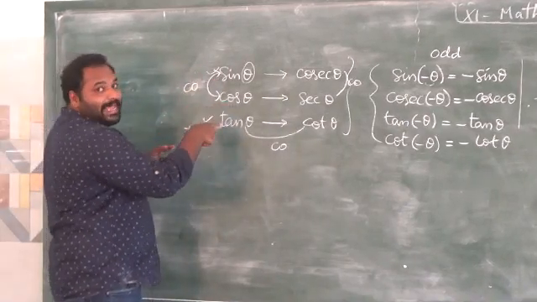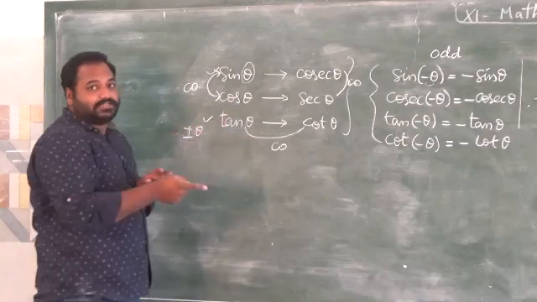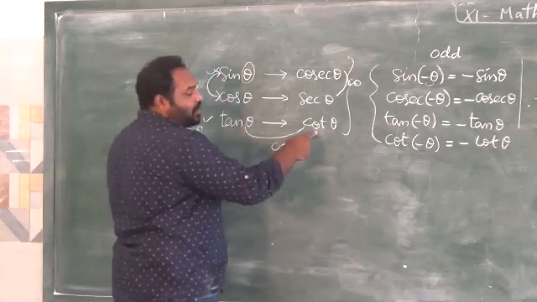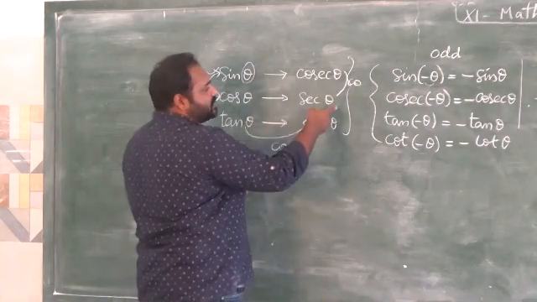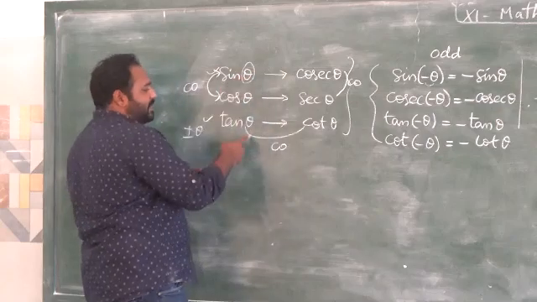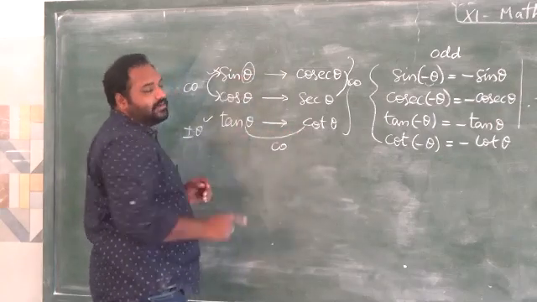Sine to cos, allied ratios, we can also say allied functions. Sine to cos, tan to cot, cosecant to secant, secant to cosecant, cos to sine, cot to tan.